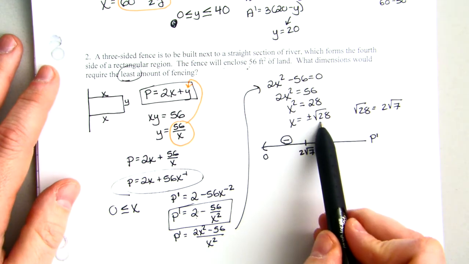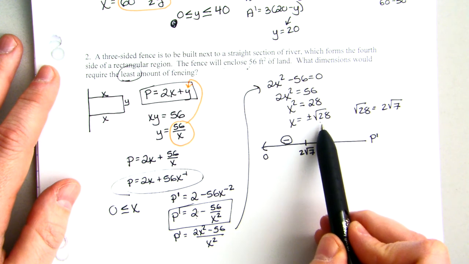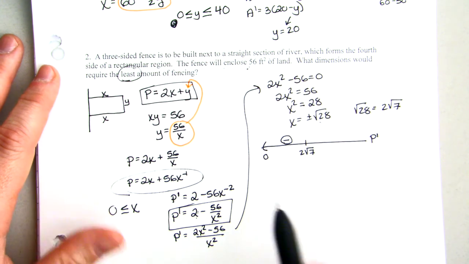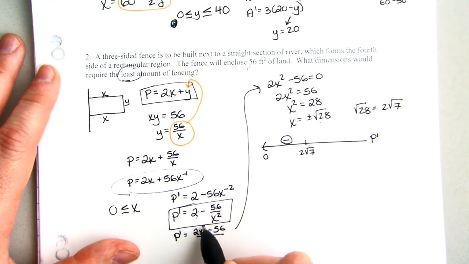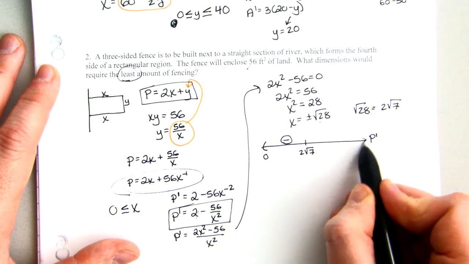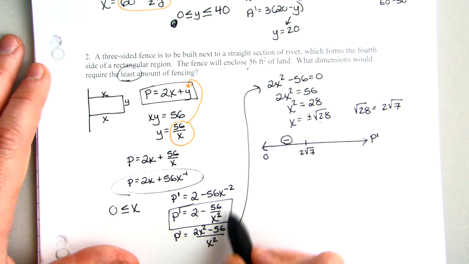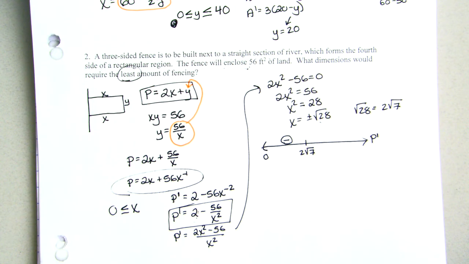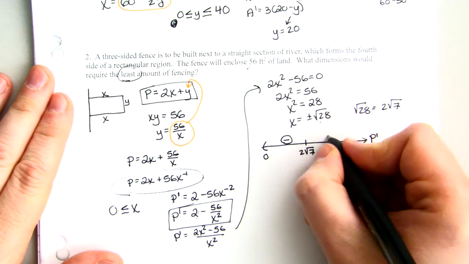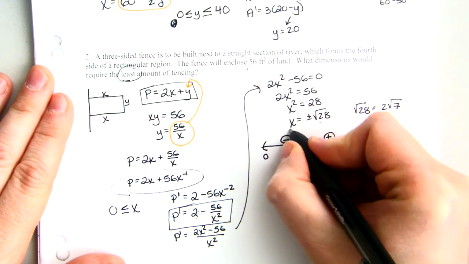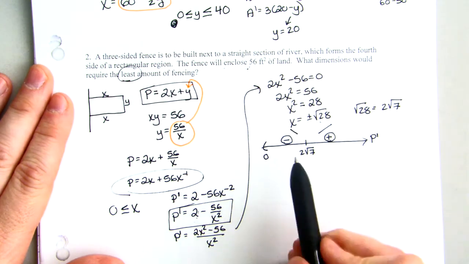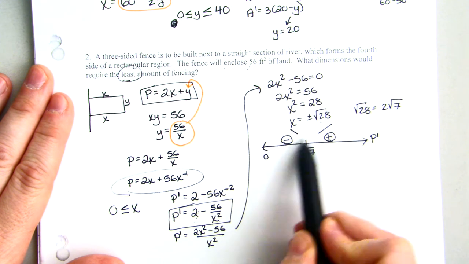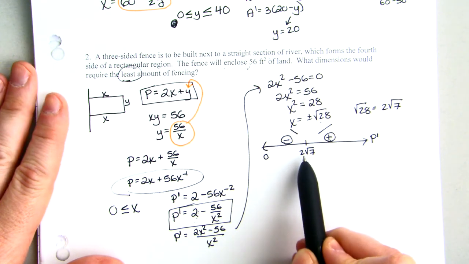Okay, root 28 is smaller than root 36, or 6. If you plug 6 in for x, that would be something in this region. Do we get P prime to be positive or negative? I think if we plug in 6, we're going to get positive. Negative, then positive. I've got a relative minimum at 2 root 7.